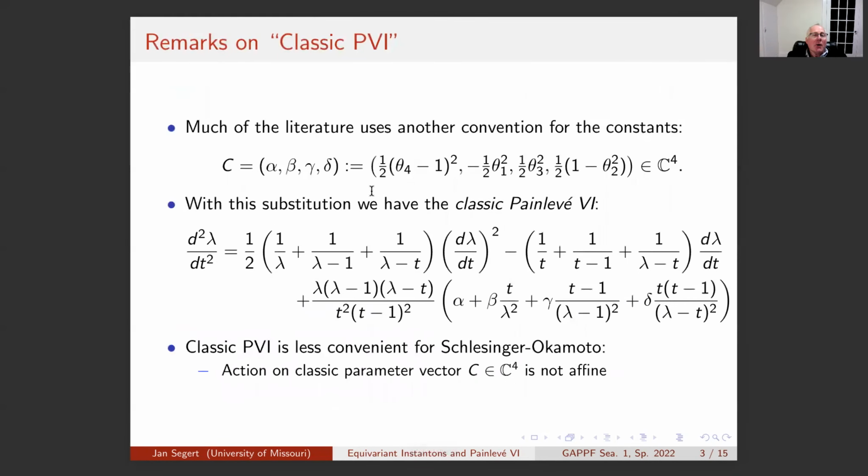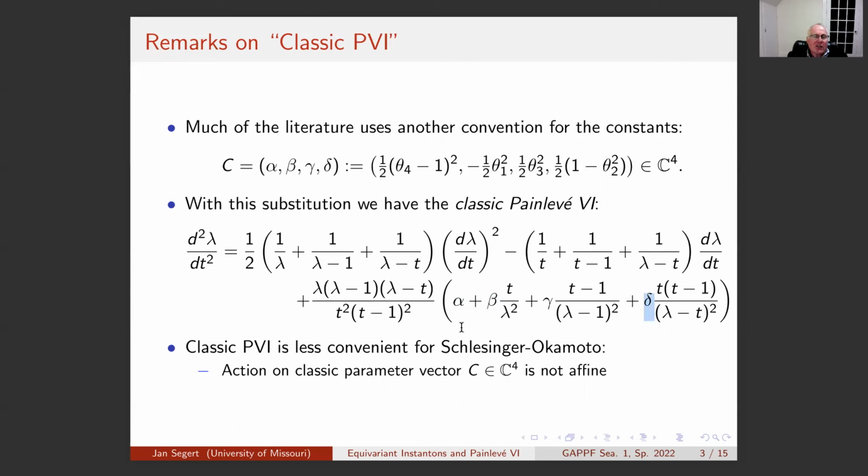Right. So we need to remark, to connect with the literature, about what I'll call classic Painlevé VI. The older and still widely used notation: the original notation was, instead of using these four values, theta 1 through theta 4, this particular combination is used. It has the advantage of appearing more simply in here, rather than substituting each of these nonlinear looking terms.